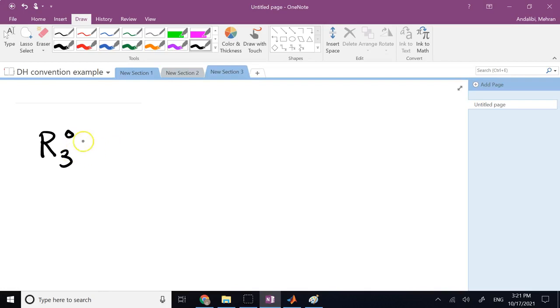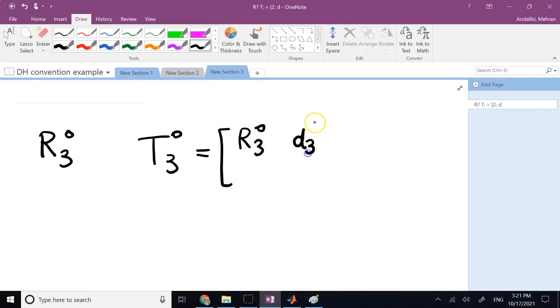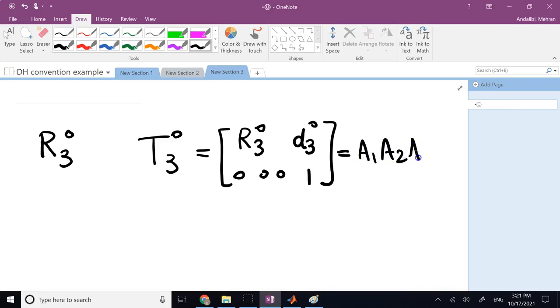Because that's simply the rotation matrix coming from T of 3 with respect to 0. If you remember, this is R30, D30, 3 zeros and a 1. And this guy was A1 times A2 times A3. We used it already for X, Y, and Z of point C.